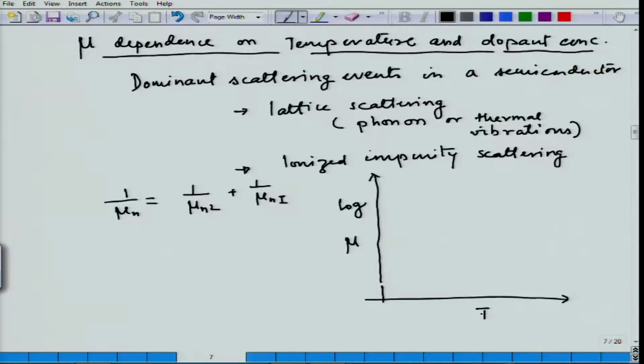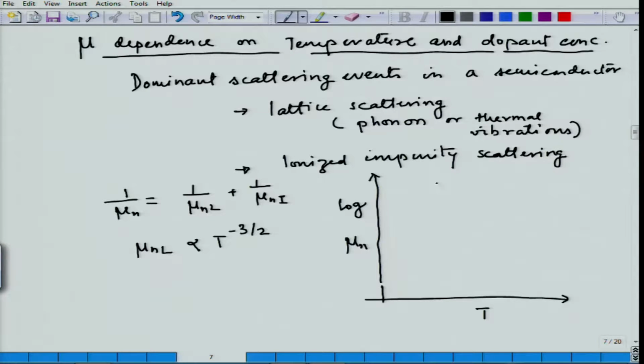This is a schematic. If I am only looking at the effect on the electron mobility due to lattice vibrations, I find that mu n L, from some simple theoretical calculation, is generally dependent on temperature with a negative 3/2 exponent.